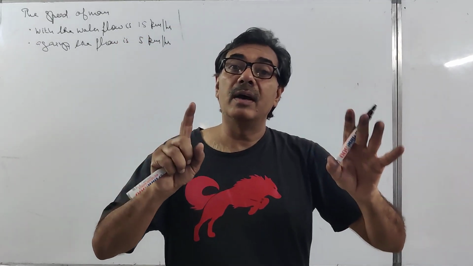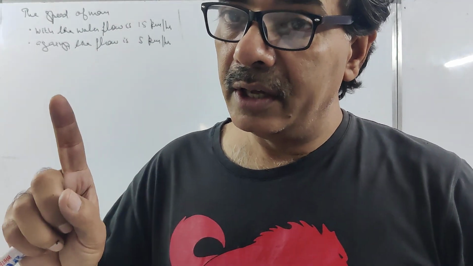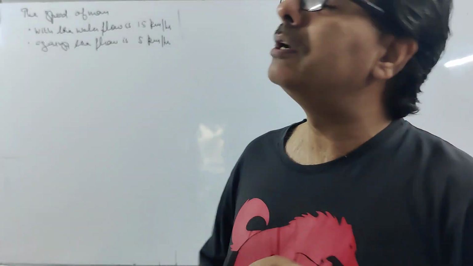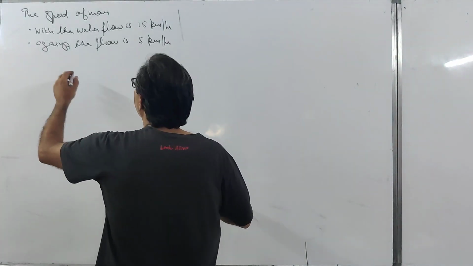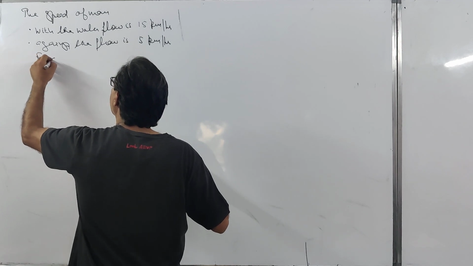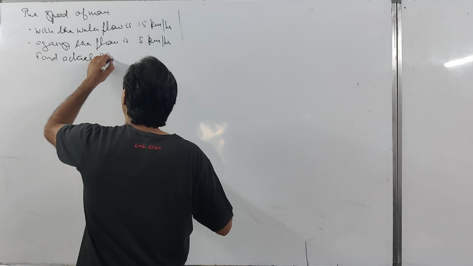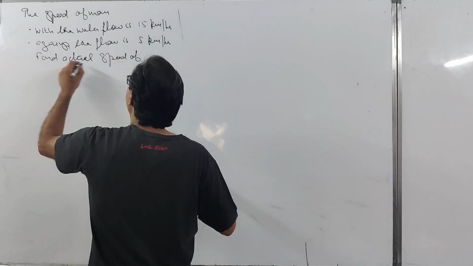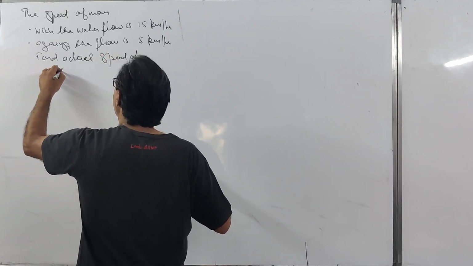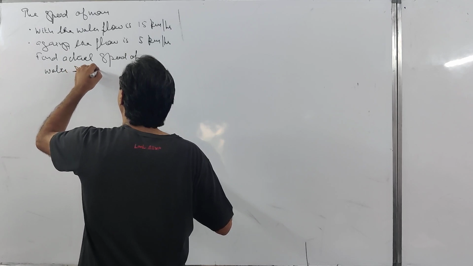This is effective speed with respect to a person outside. You have to find the actual speed of water and man.